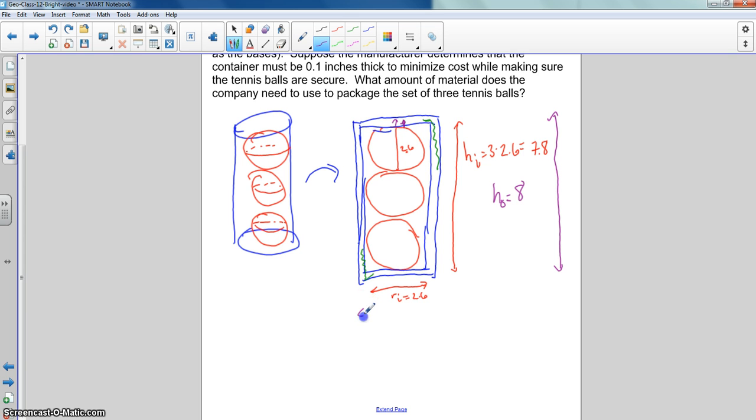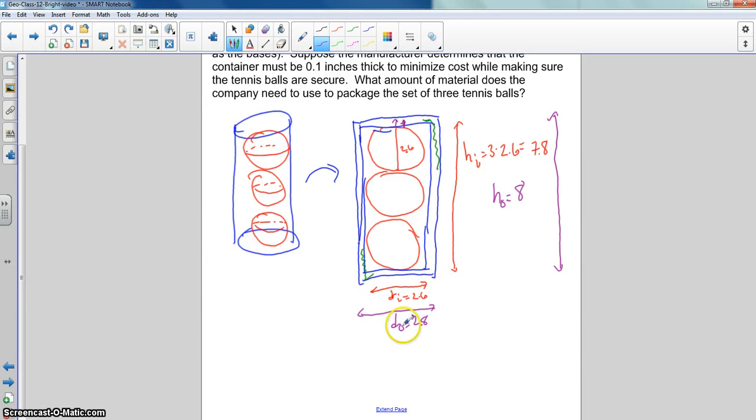Similarly, the radius here, or I shouldn't say the radius, this is the diameter. The diameter of the outside is 2.8, again incorporating 0.1 on both sides. Then if I want to determine the volume, my approach is going to be to determine the volume of the outside, incorporating the thickness, and then subtract out the volume for the inside component, where the tennis balls are and we have a little bit of void space.